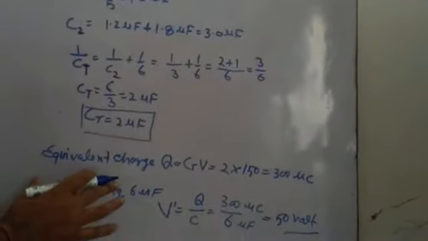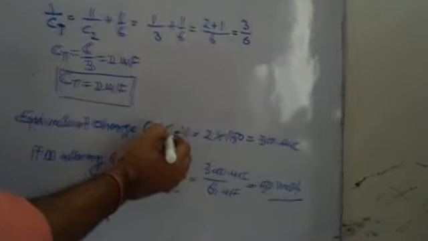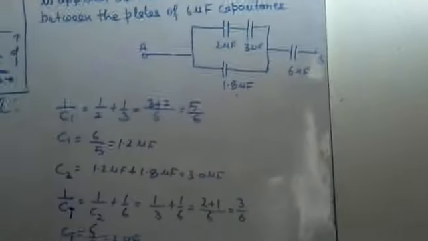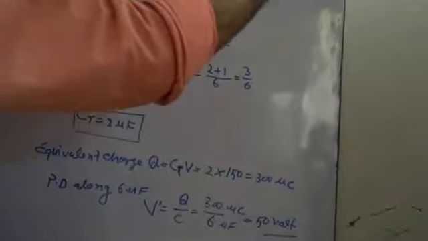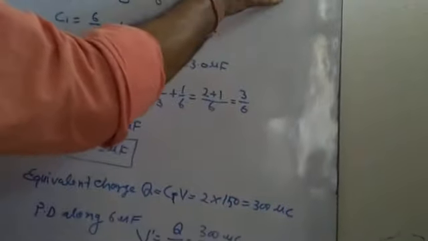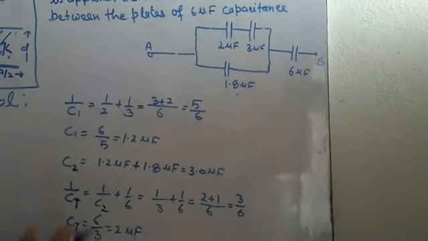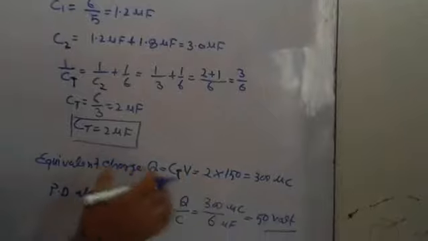Now the equivalent charge means the total charge between the equivalent capacitor plates. Q equals CT into V, where V is initially given as 150 volt. Now we know that in series combination the total charge always remains constant for each capacitor.